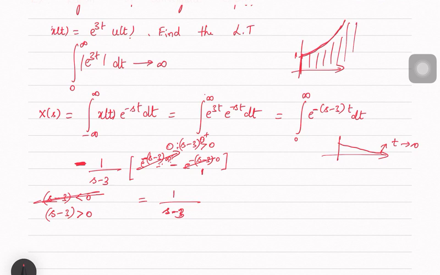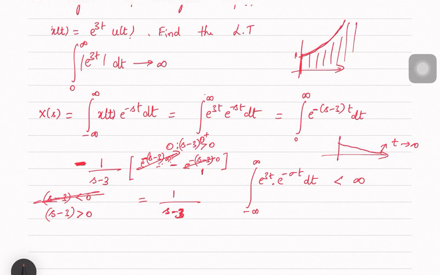And when does this Laplace transform exist? This Laplace transform exists only if the integral of x of t, which is e power 3t into e power minus sigma t, dt is less than infinity. And when will this be less than infinity?